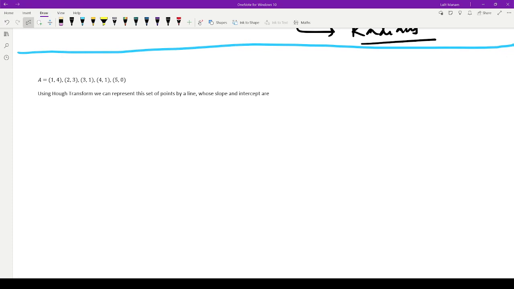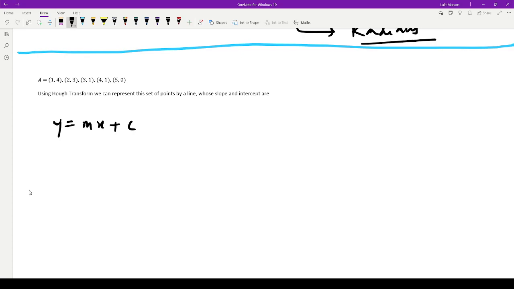I think we can use the equation y is equal to mx plus c, and plot these points in the MC plane. How will they look in the MC plane?